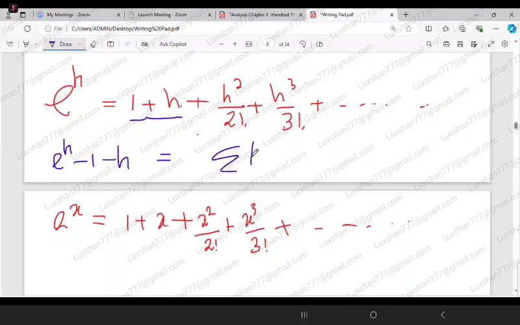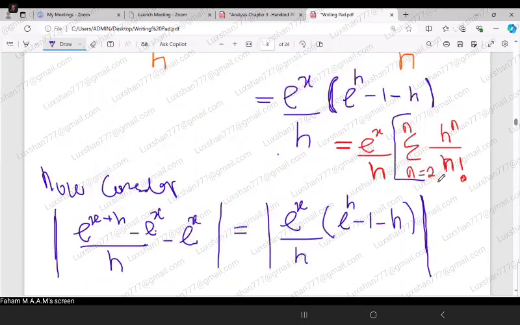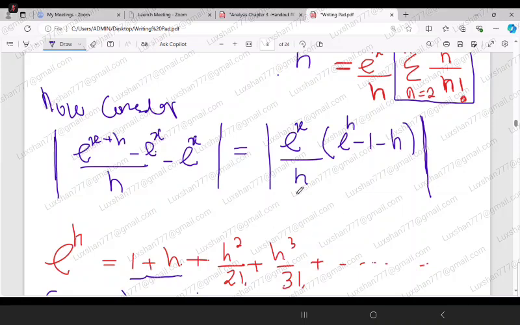Therefore, using the summation, you can write it as h to the power n over n factorial, where n running from 2 to infinity. So this part is equal to summation h to the power n over n factorial, n equal to 2 to infinity. That is what I have written here.